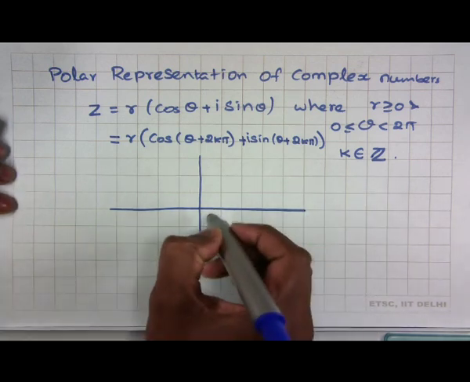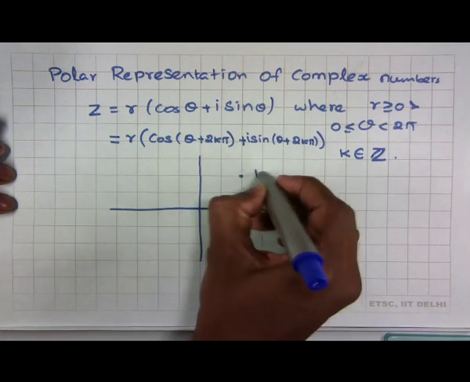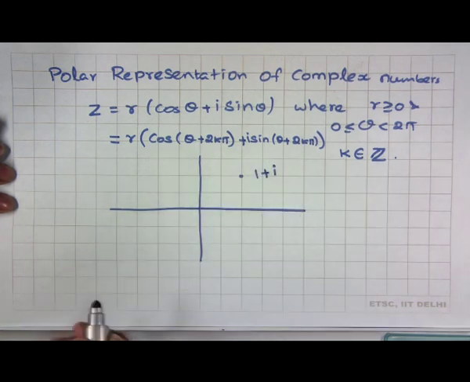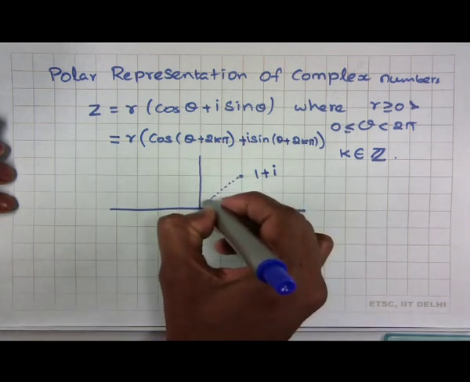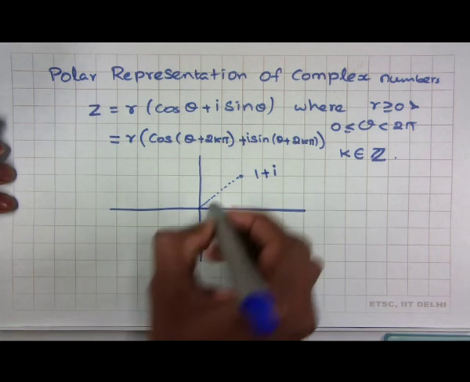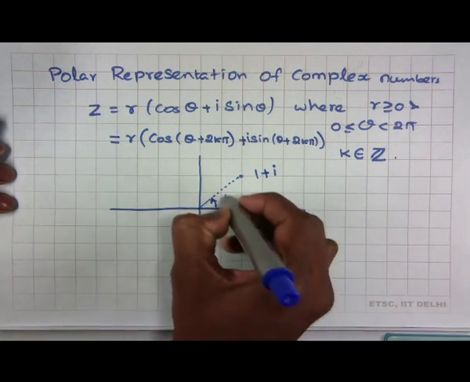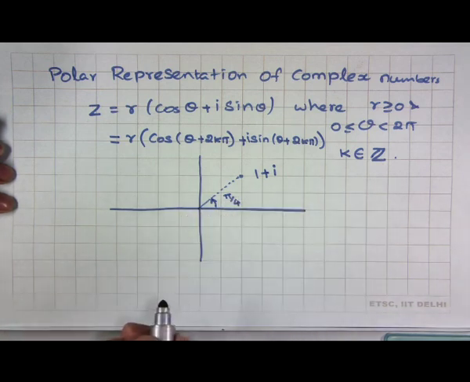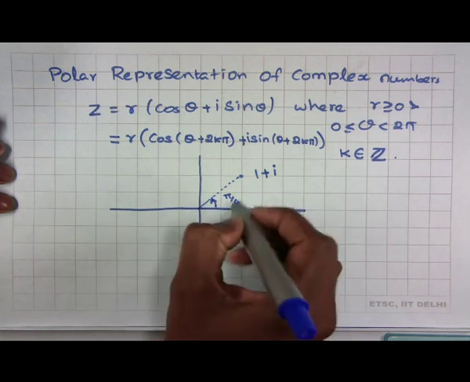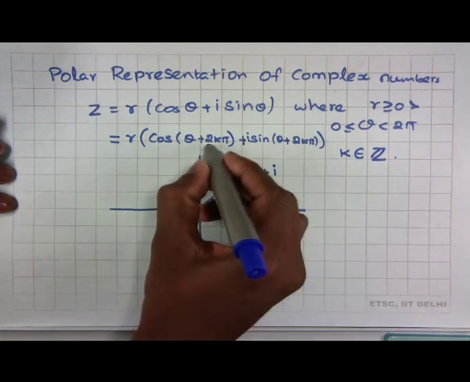When we consider a point, let us say the complex number 1 plus i, we have seen in the last class that the angle theta is pi by 4, or 45 degrees, and what we observe is you can add 2 k pi.